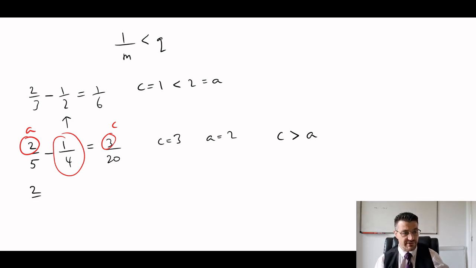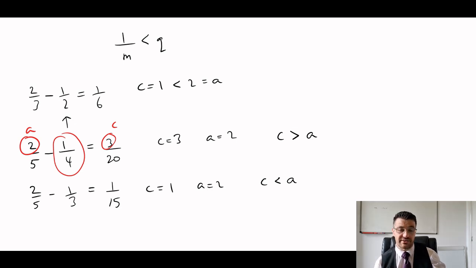So 2/5 minus 1/3 is equal to, try a half. 2/5 is less than a half, but 2/5 is greater than a third. And it turns out that this is equal to 1/15. Aha. So we get here c equals 1, a is equal to 2, and again, c is less than a. So you've got to be really careful.